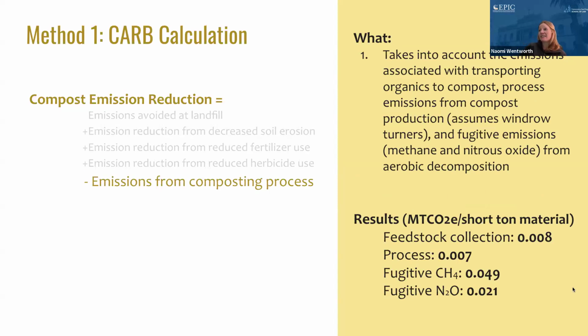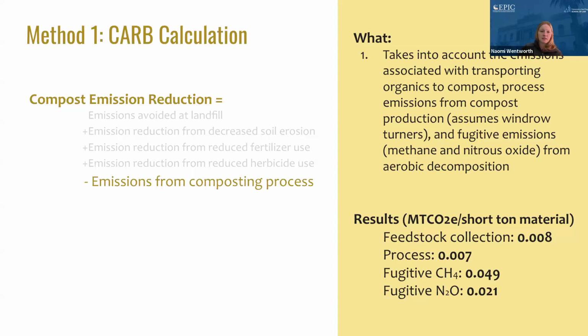And then finally, emissions from composting process. This is looking at emissions associated with transporting organics to a compost facility, processing emissions, again, assuming windrows and those windrow turners that run on diesel, and then fugitive emissions from the aerobic decomposition of compost.